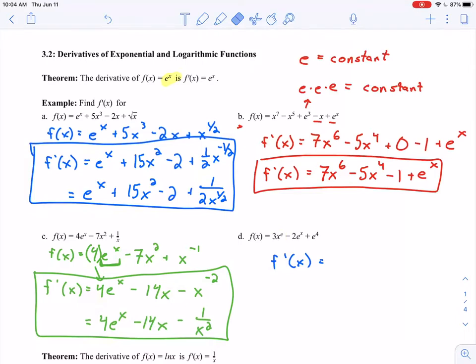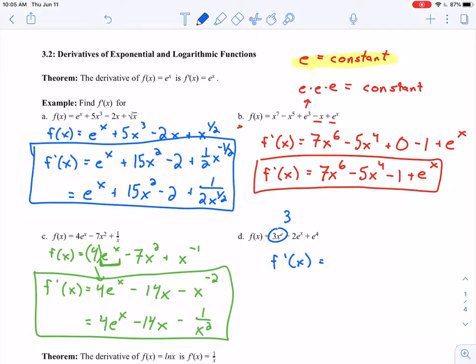So, okay, I need to think about this. Remember, we said earlier, oops, don't want to erase that, I want to highlight it. e is some constant, which means that e is some number. So I really have 3x to the nth power, where n is just some power. Essentially, I just need to use the power rule on this term. So what does the power rule say?